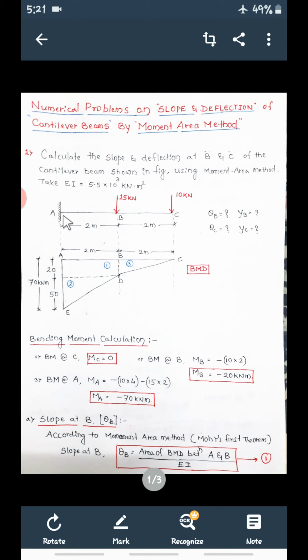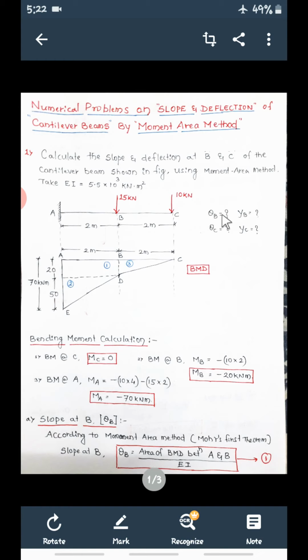Now if the load comes, the beam will bend like this, so slope and deflection will be there at C. Similarly, theta B and YB are there. So now we have to find the slope at B, deflection at B, slope at C and deflection at C, considering slope and deflection at A are 0.